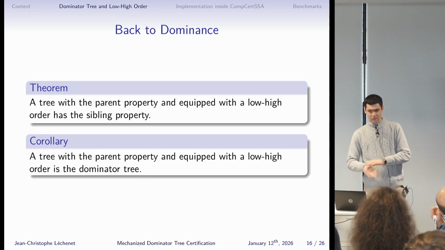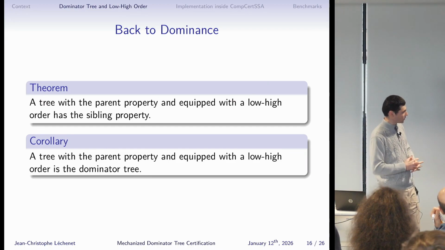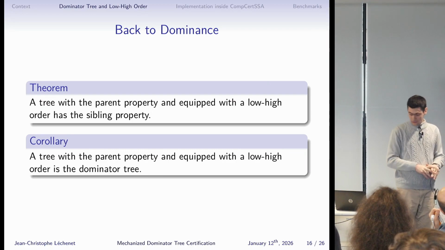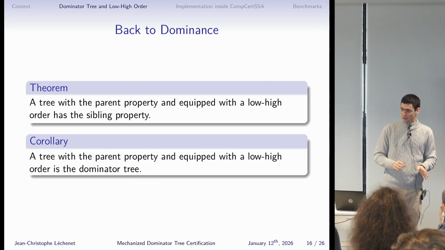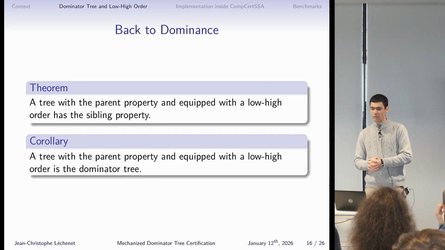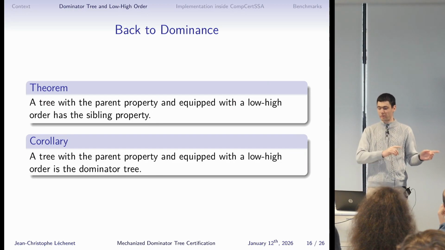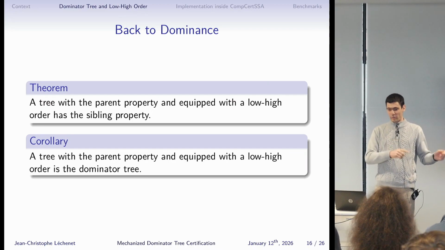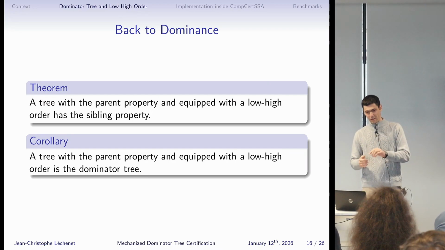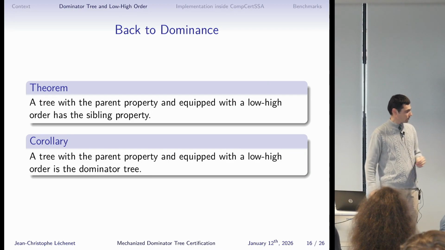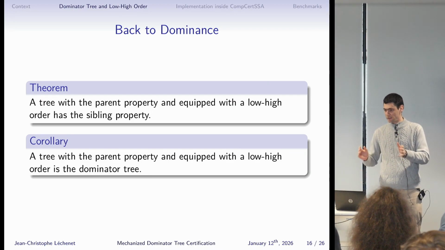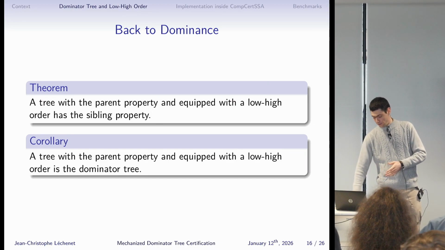I skip the details completely, but what we can finally show is that a tree with the parent property on the low-high order satisfies the sibling property. Since we showed before that the parent and sibling properties give us the dominator tree, we can conclude that what we need to check is the parent property plus a low-high order.